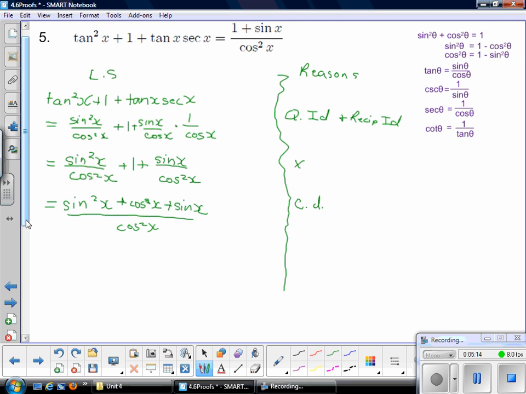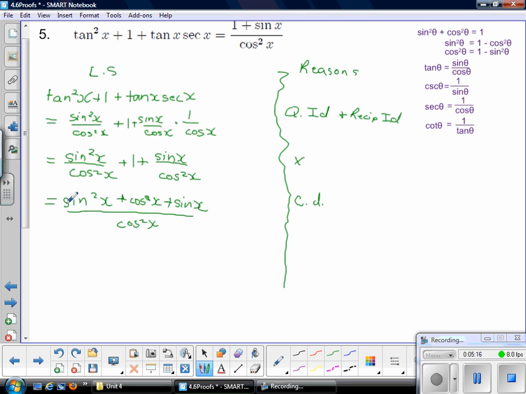So if you look at the right side, if I change these two to the number 1, I actually have the right side. So actually this one didn't take us as long as that previous example. And the reason I could do that step was the Pythagorean identity. Which now equals my right side.